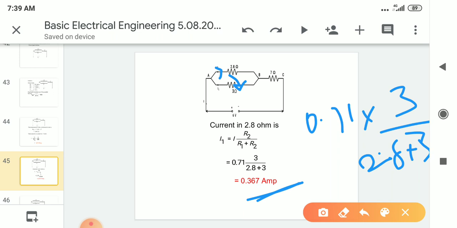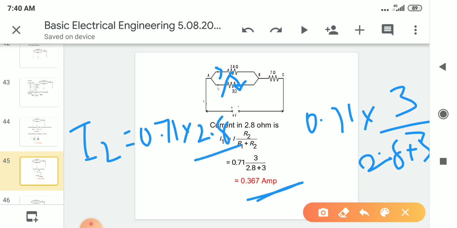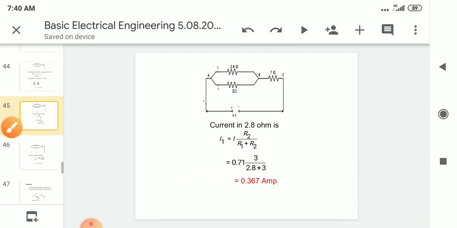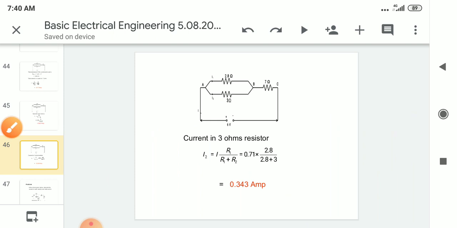Like I2. I2 we have to calculate as total current I into 0.71 into its opposite resistance. I2 opposite resistance is what? 2.8 by 2.8 plus 3. This is the value for I1 and I2.